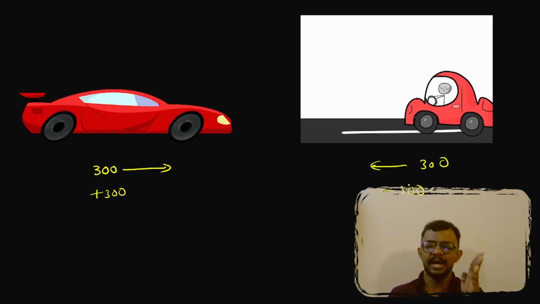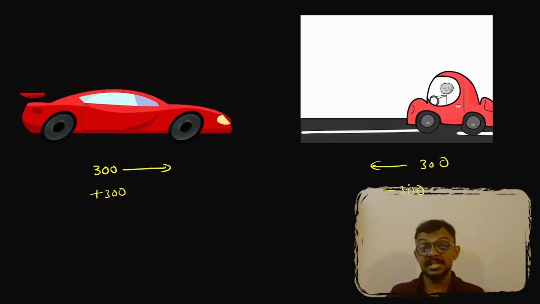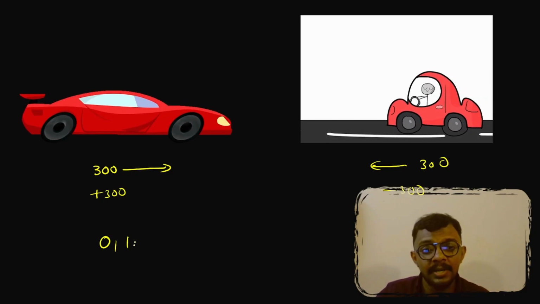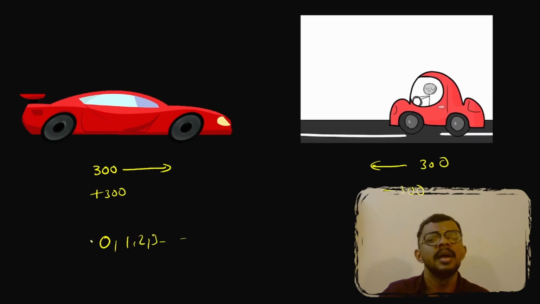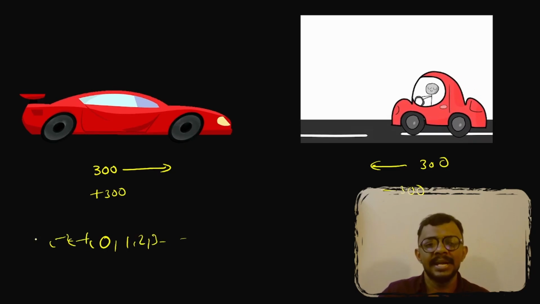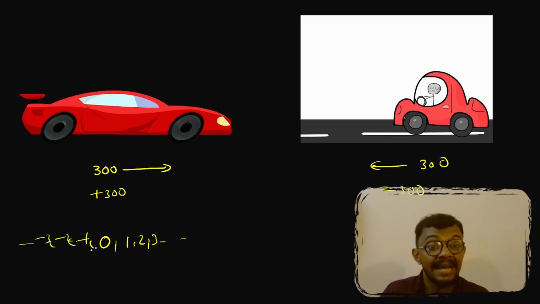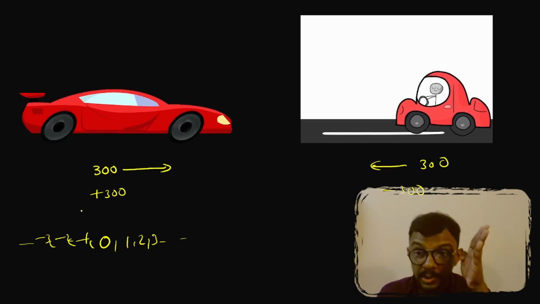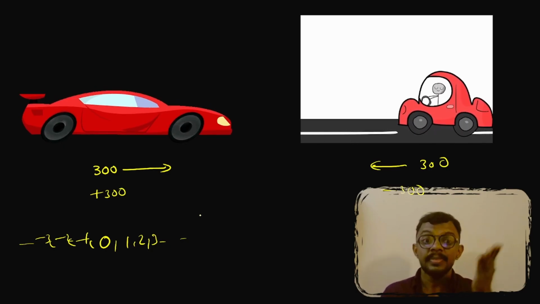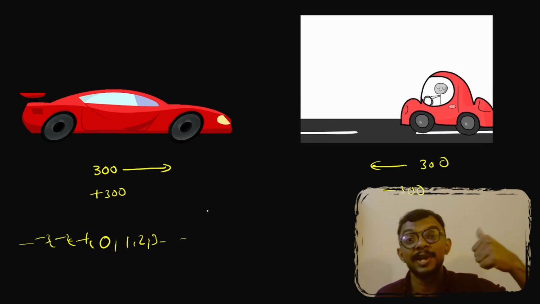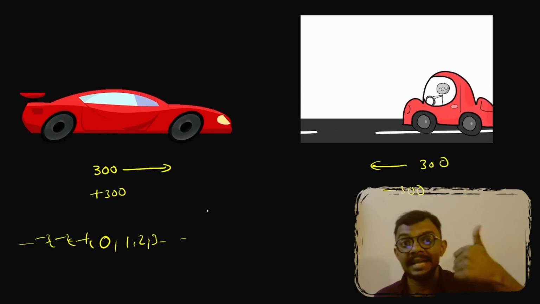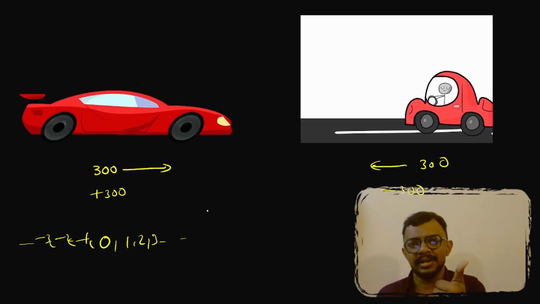So once again, we are talking about integers. What are integers? 0, 1, 2, 3, etc., minus 1, minus 2, minus 3, etc. are called integers. And what do we use negative numbers for? One, to represent loss and gain. In order to represent loss, we use negative numbers.